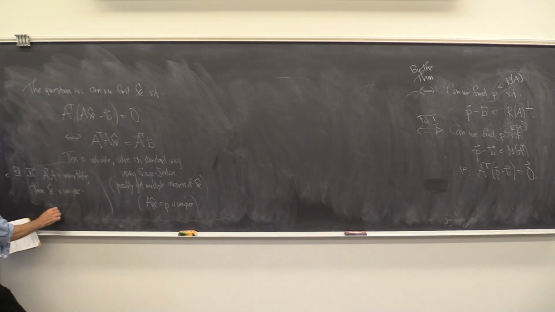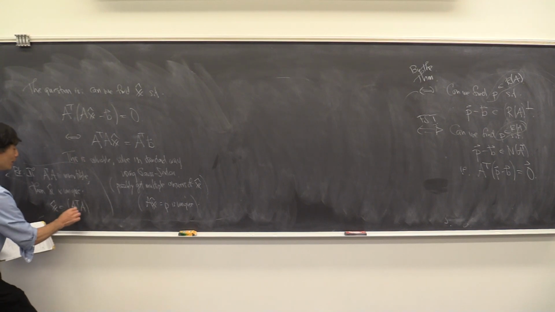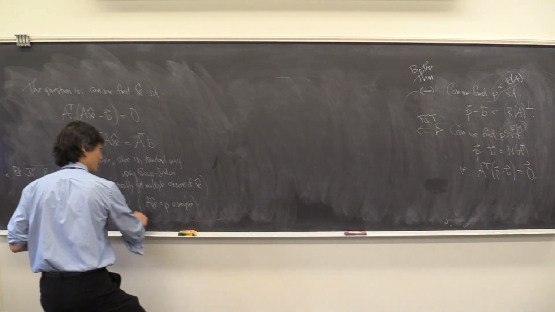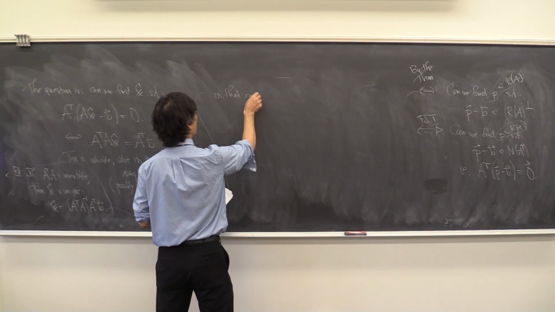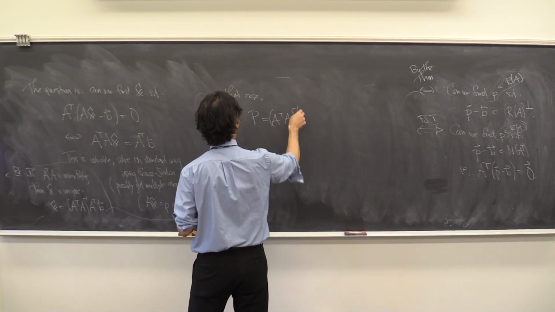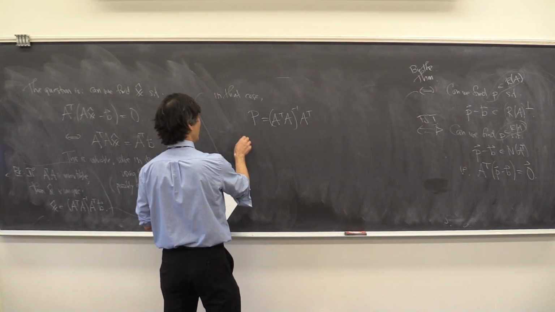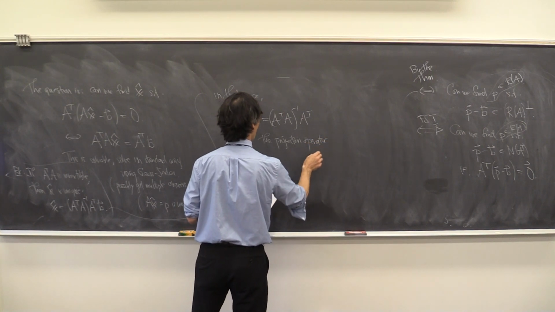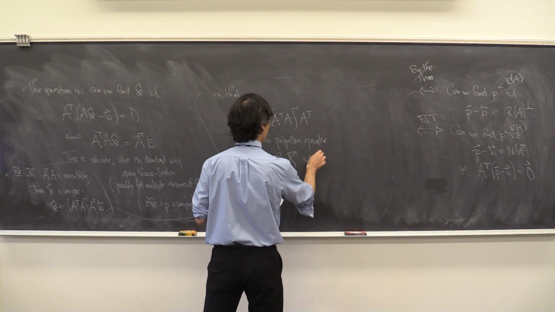X hat would just be ATA inverse A transpose B. Which is kind of cool, because what that tells you is that in that case, we've created this thing, let's call it capital P, ATA inverse A transpose, which is what we call the projection map, the projection operator, of Rn onto the range of A.